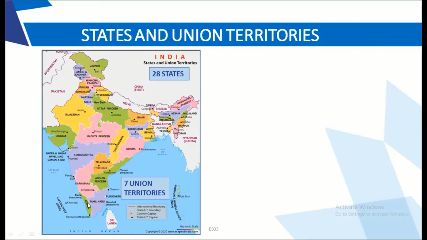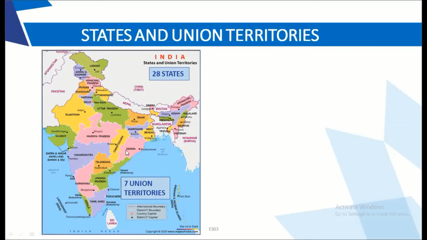The Spice Garden, Kerala, its capital Thiruvananthapuram. The Silk Hub, Tamil Nadu, capital Chennai. Andhra Pradesh, famous for sunflower oil and rice, capital Amravati. Telangana, Hyderabad is the capital. Chhattisgarh, Raipur is the capital.